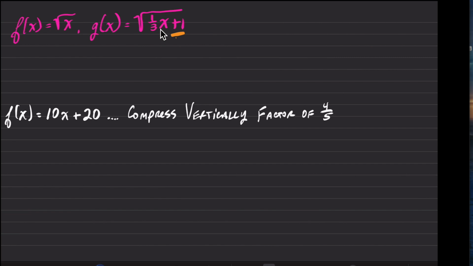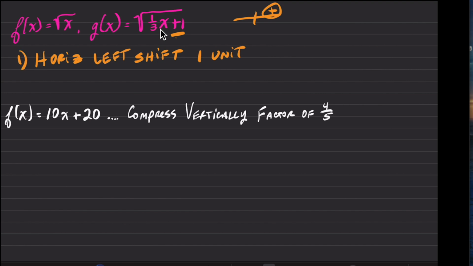Okay, we know we're inside the function, so we know it's horizontal. We know the word shift is involved because it's a plus or a minus. We know there's 1 unit. The next question is, are we going left or right? If we look at the horizontal number line, the positive side is associated with the right side. We're going to switch it to left. Okay, that's the first transformation in this particular problem.